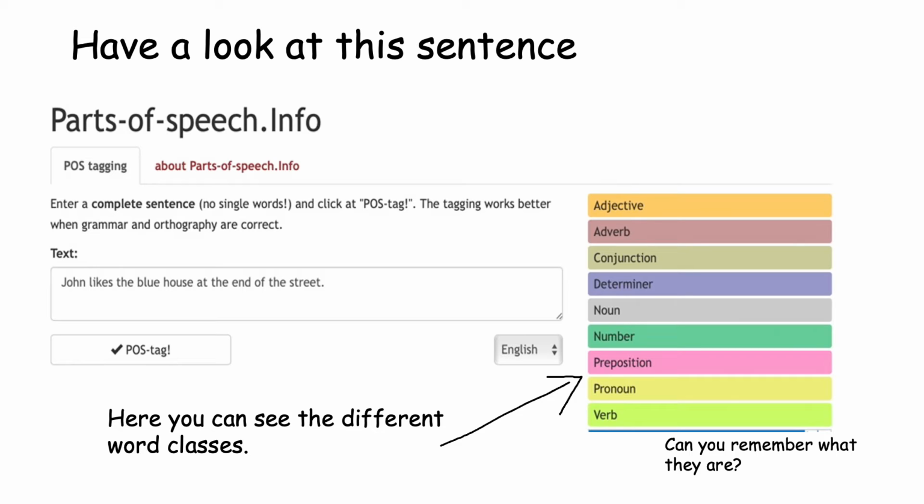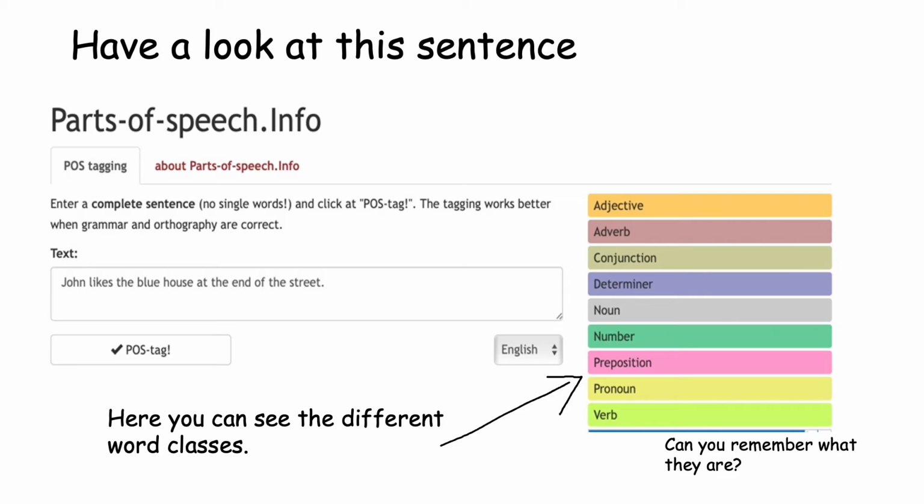So, John, if you were to choose which one of those coloured bars would you say John was? Is he an adjective? Is he an adverb? Who thinks they know? John is a noun because it's a thing, a person, isn't it? Okay, so John likes. What kind of word do you think likes is?